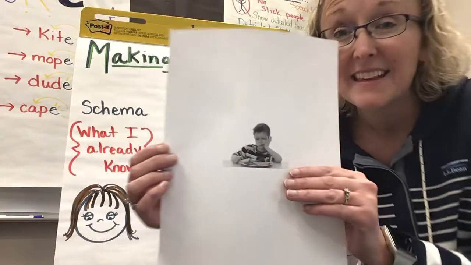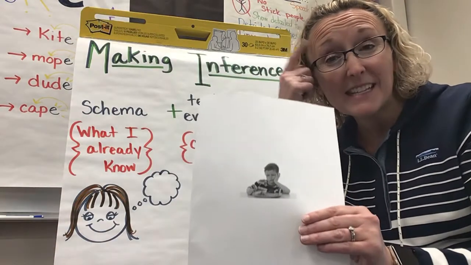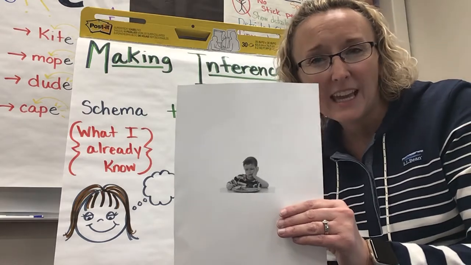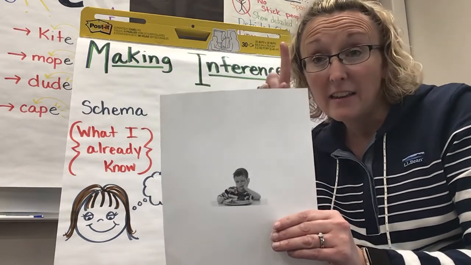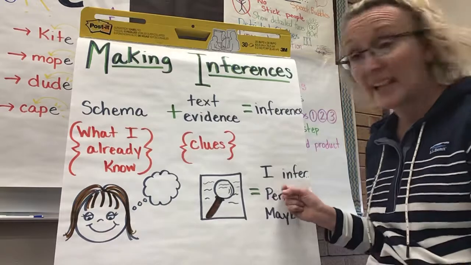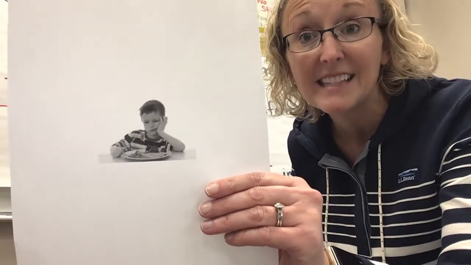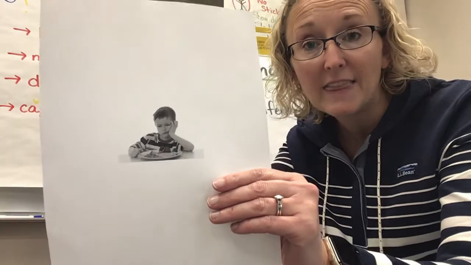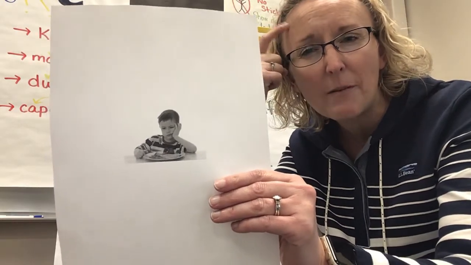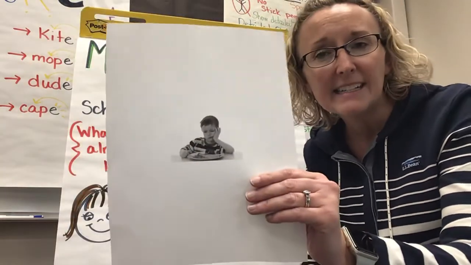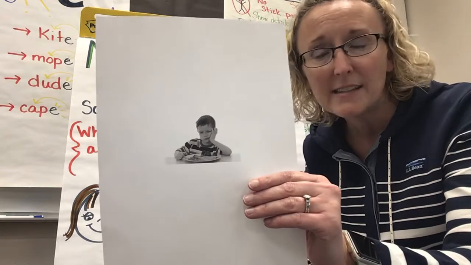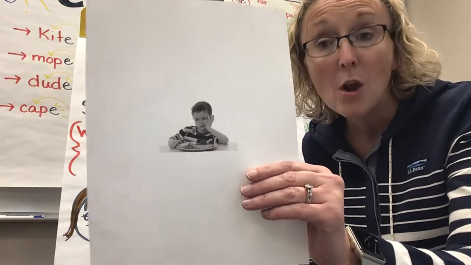So I can make the decision based on my schema that when kids are looking at their food like that, they either don't like it. That's my first inference. This kid does not like what is on his plate. That's an inference. Because I looked at the picture and I thought about what I know about kids that look like that, and I decided that he probably doesn't want to eat what's on his plate.